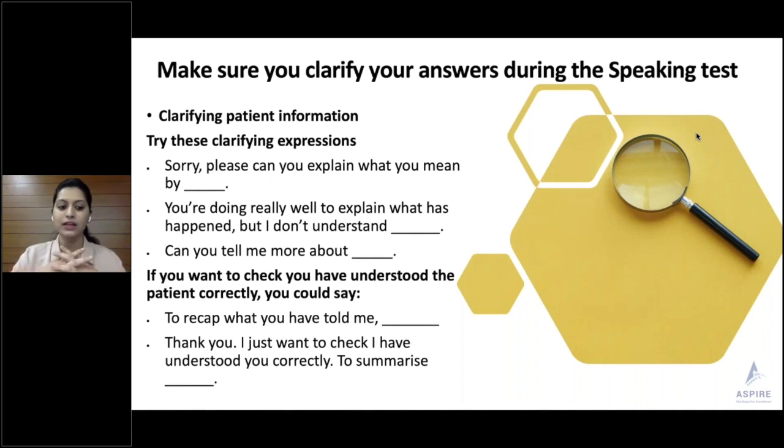For example, say, to recap what you've told me, and then summarize the entire situation that the patient has in short. Or you could say, thank you, but I just want to check if I've understood you correctly. So to summarize, so and so. Again, please do not memorize these statements. This is just to give you an example, just to give you an idea.